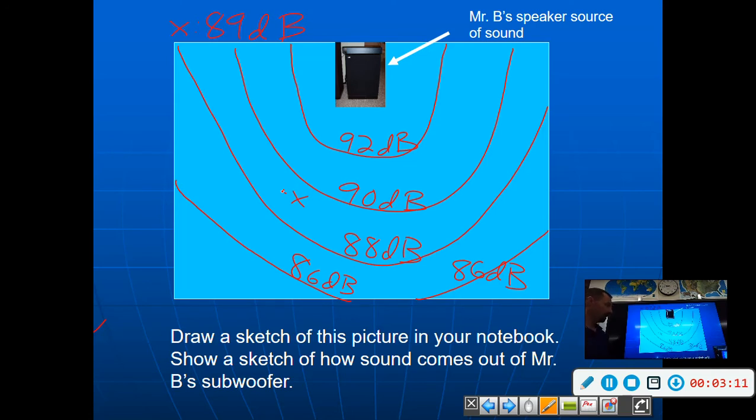Also, what you will sometimes have to do is figure out the isoline interval. So in the case of this sound level interval, interval means what the lines are counting by, basically. So what's the next consecutive line? In the case of this, the isoline interval is going up by 2 decibels, because 92, 90, 88, 86.